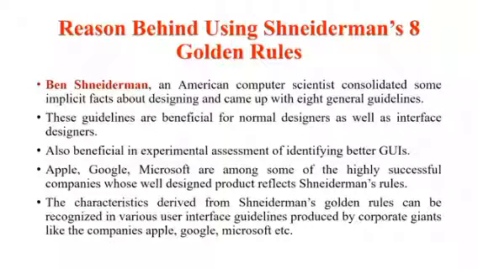So some introductory part is there. Ben Schneiderman, an American computer scientist, consolidated some implicit facts about designing and came up with 8 general guidelines. These guidelines are beneficial for normal designers as well as interface designers. Also beneficial in experimental assessment of identifying better GUIs.